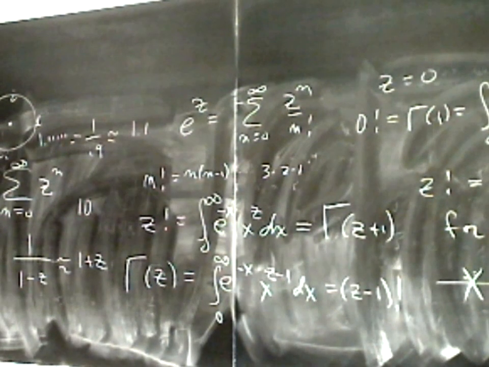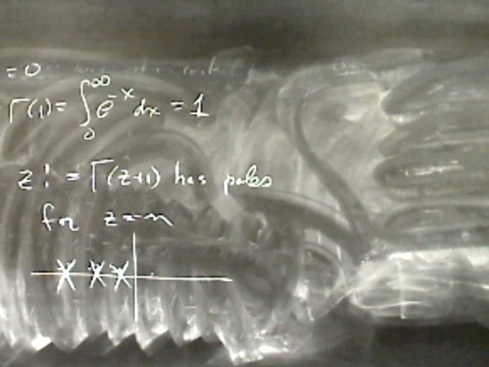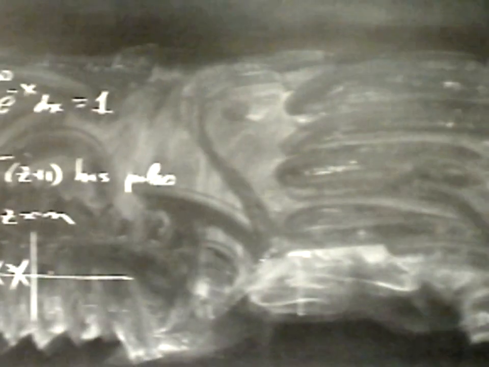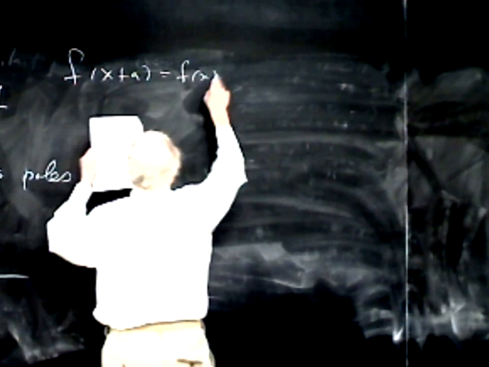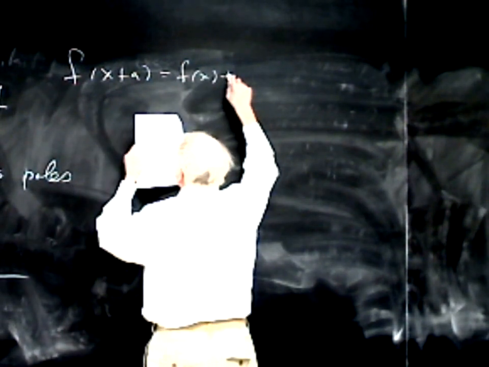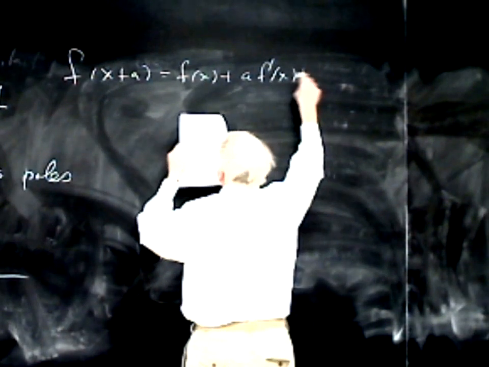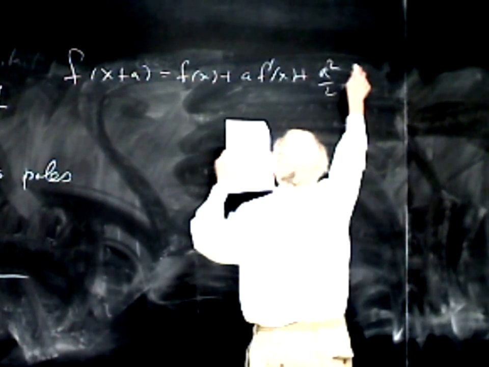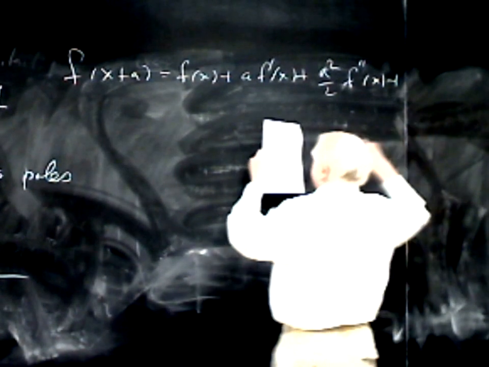And you guys have all seen Taylor series. They're an example of a power series, actually. f of x plus a is f of x plus a times f prime of x plus a squared over 2 f double prime of x plus dot dot dot.